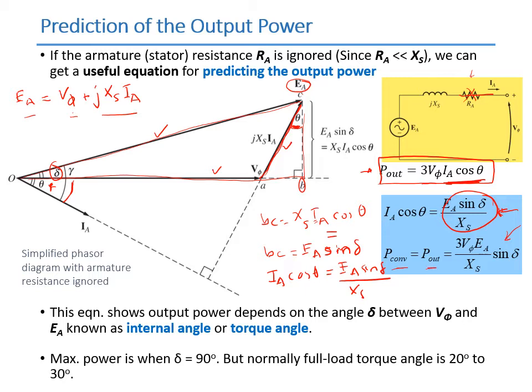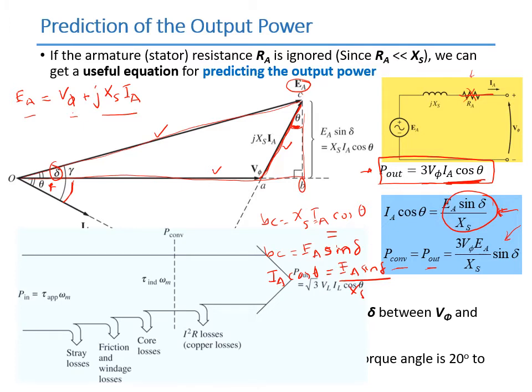Now, the converted power is equal to the output power. Why is it so? Because we had the assumption before that we are ignoring the resistance RA, so there is no armature resistance.